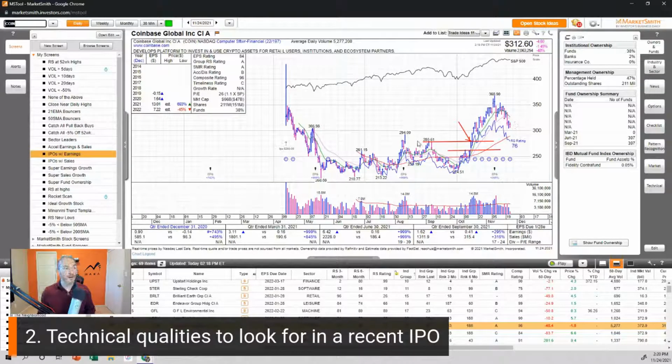Now, with this, right? So what did it do? It started a downtrend. It consolidated a little bit, right? So for those of you that are familiar with stage analysis, perhaps you are, maybe you're not. Let me know in the comments.